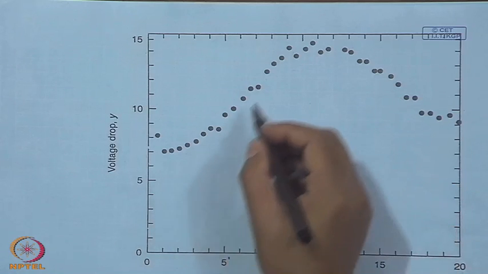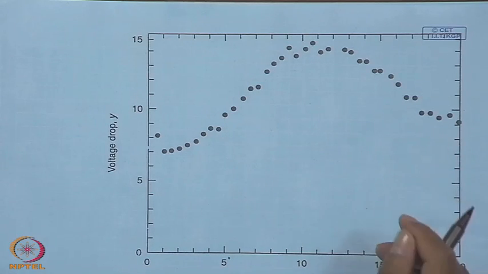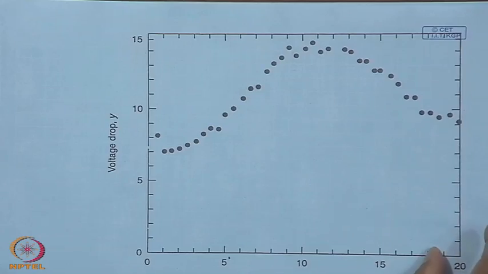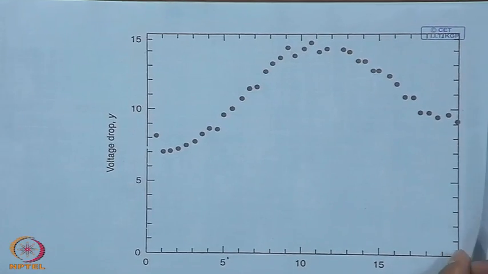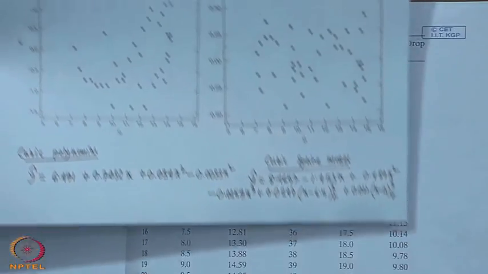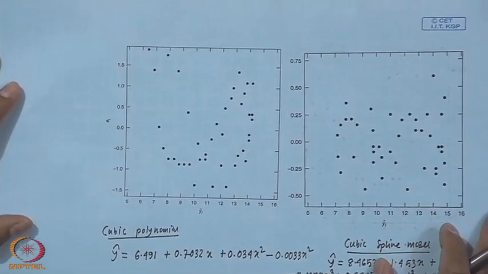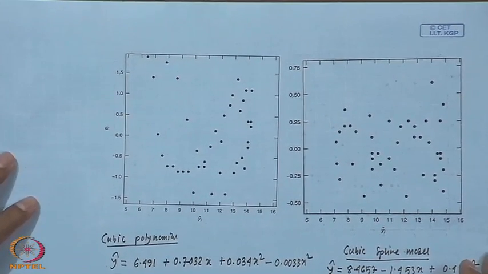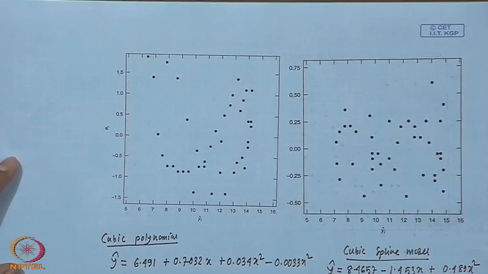Well, so what you can do, if you want to start, is with a cubic polynomial first. You fit a cubic polynomial to this data. You know how to fit a cubic polynomial, right? So, you have to fit a model like y hat is equal to alpha naught plus alpha 1 x plus alpha 2 x square plus alpha 3 x cube plus epsilon.